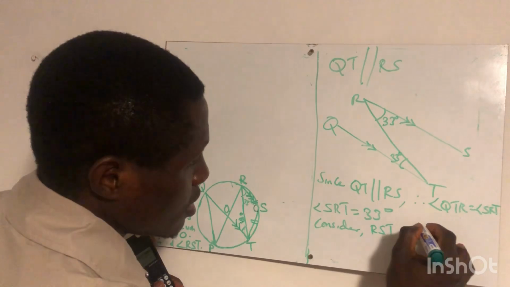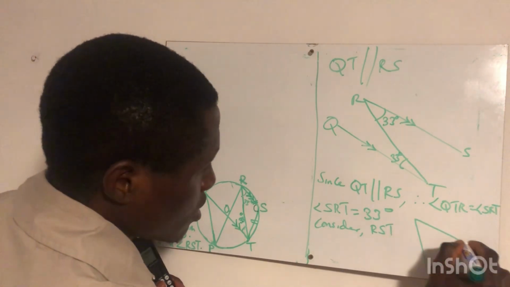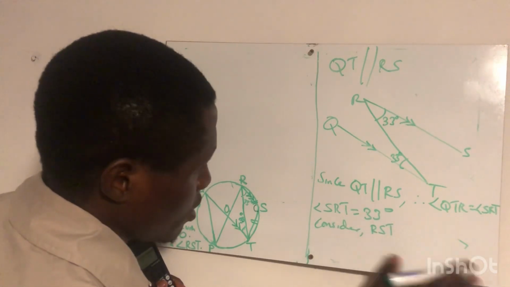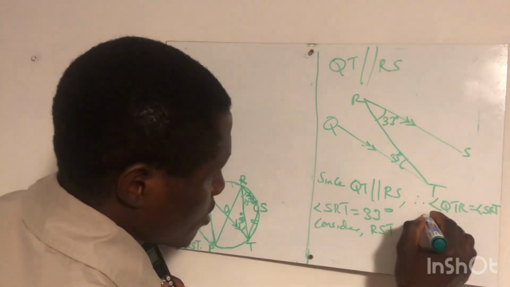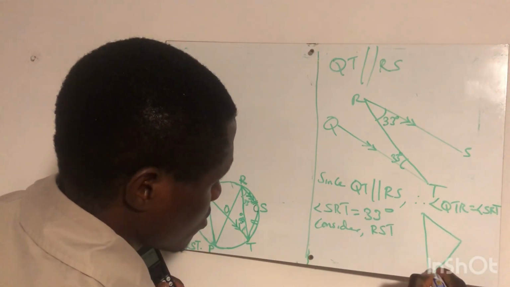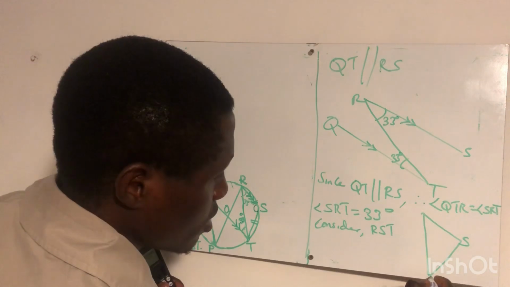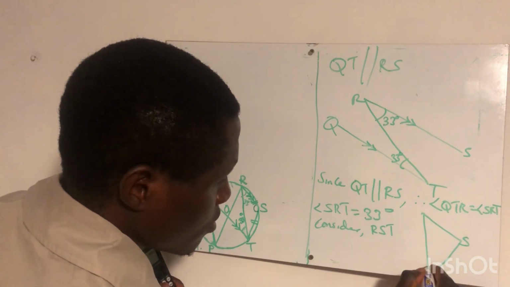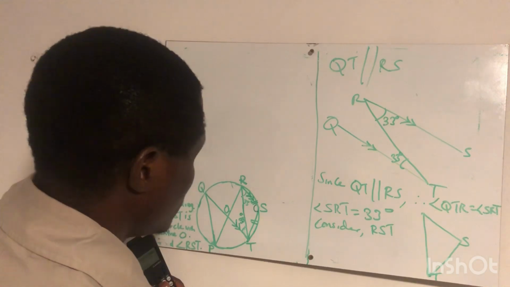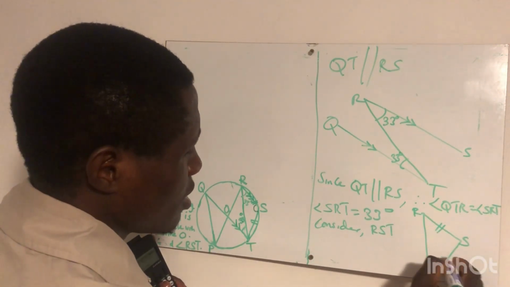I'm just trying to sketch it out so you can see it very well. Let me draw it as it looks. You have X, then you have T here, then we have R.